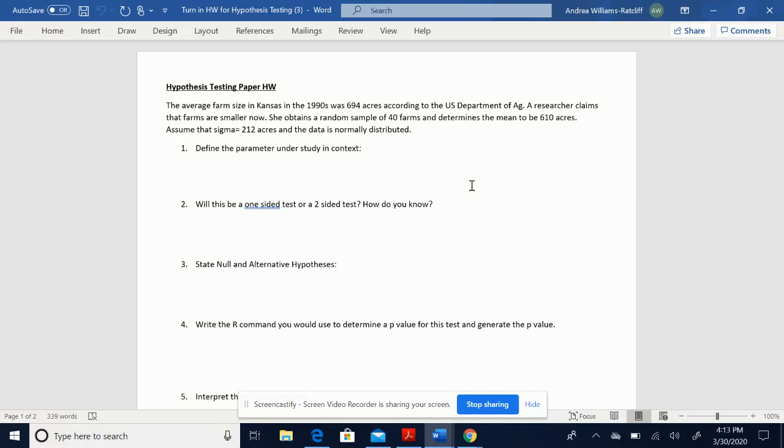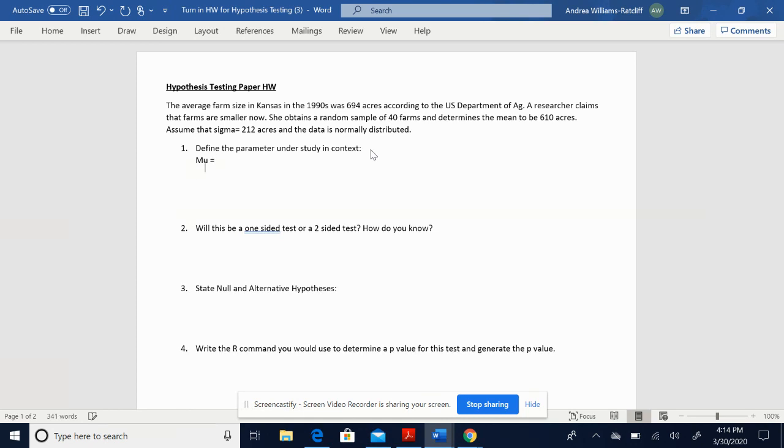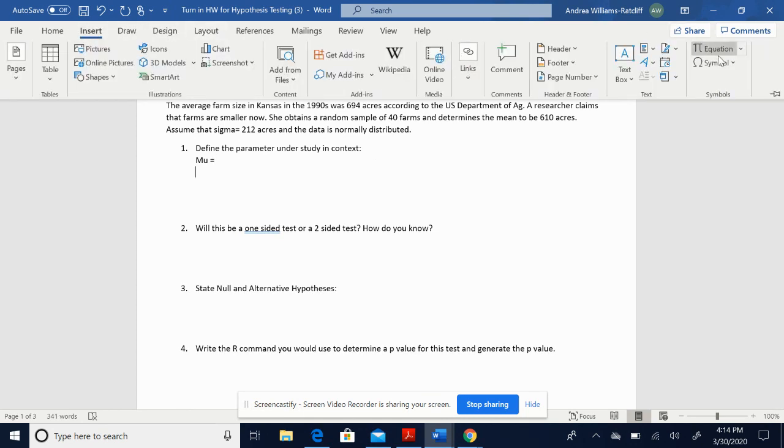Some of the most common mistakes I saw were with the parameter under study. When you are defining the parameter here, you must, absolutely must, under every circumstance, we're talking about a mean. So you are going to have to either write the word mu or use the symbol for mu.